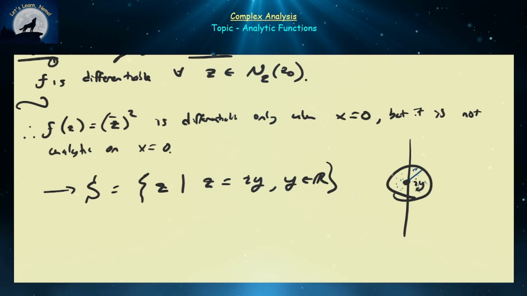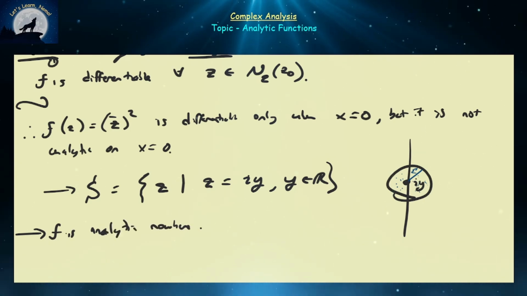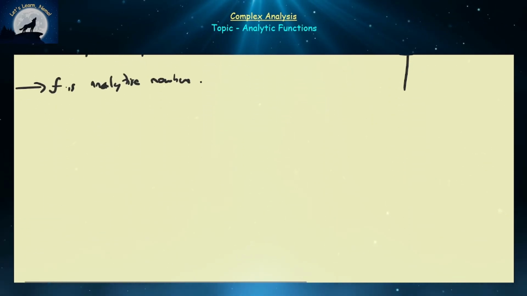So such an epsilon doesn't exist for that particular point. So although it is differentiable along that particular line, we have that f is analytic nowhere. Because in order to be analytic, you have to be differentiable. In particular, you have to be differentiable on an open set surrounding those particular points for which you claim to be differentiable at. All right?